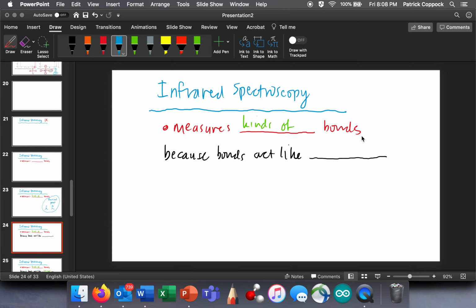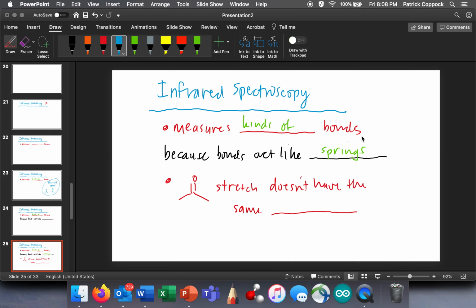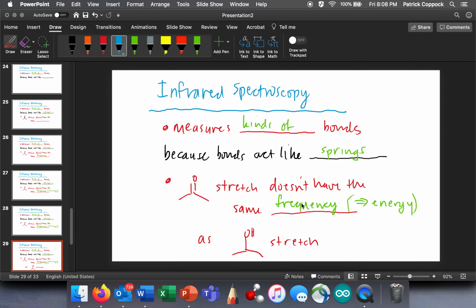Because bonds act like springs, it's important to appreciate that, for example, this carbonyl bond stretch doesn't have the same frequency, which we're going to match to energy, as a hydroxyl stretch, right?